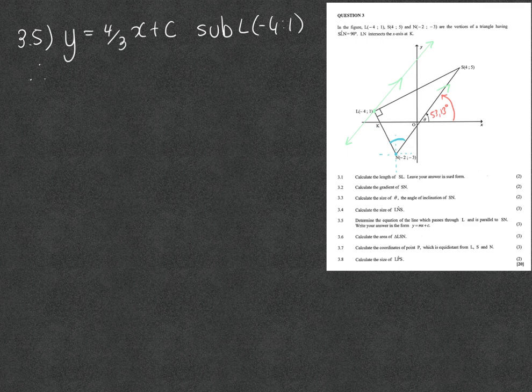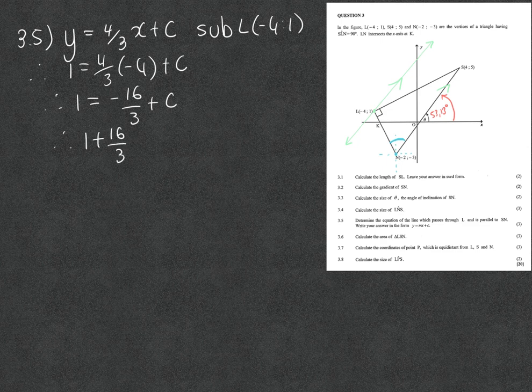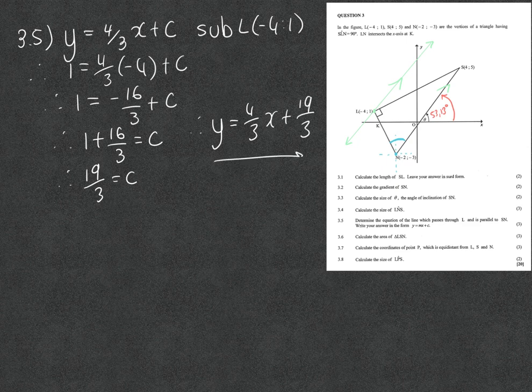So it's going to be 1 equals 4 over 3 times minus 4 plus c, therefore 1 equals minus 16 over 3 plus c, therefore we can bring that over, and it becomes a positive, so 1 plus 16 over 3 equals c, therefore 19 over 3 equals c, therefore y is equal to 4 over 3x plus 19 over 3, and that is my answer for the equation of that line.